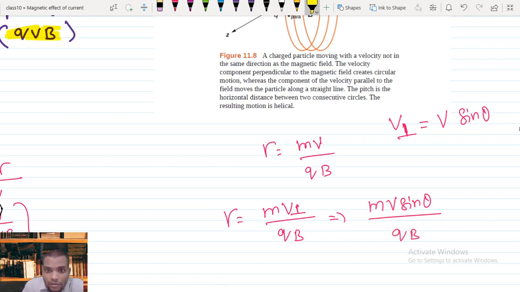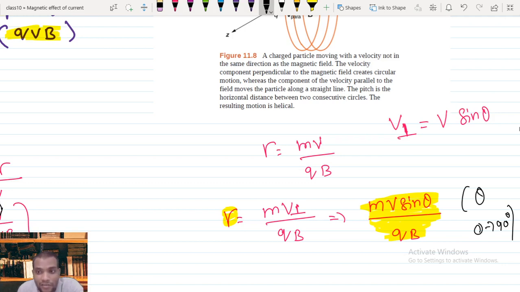Now here I notice an interesting change. The radius depends not only on the mass of the charged particle and the velocity of the charged particle, it now depends upon theta. If the theta value changes from 0 to 90 degrees, the circle radius also changes.